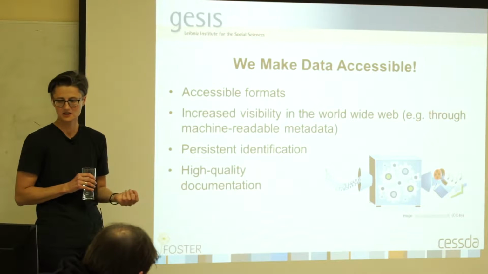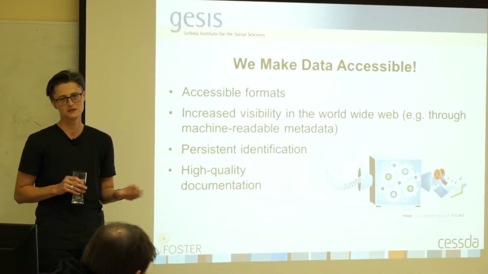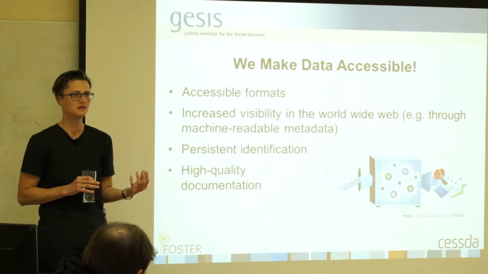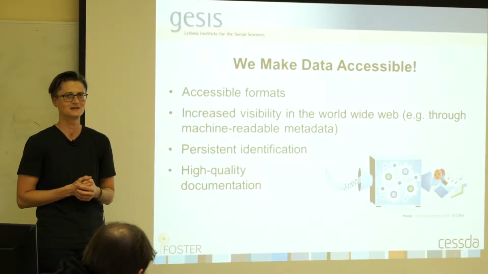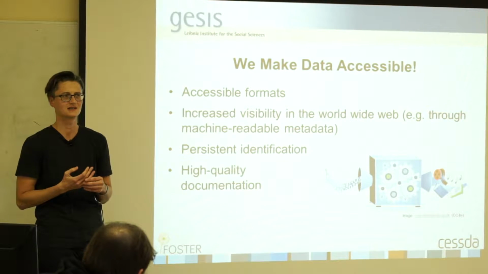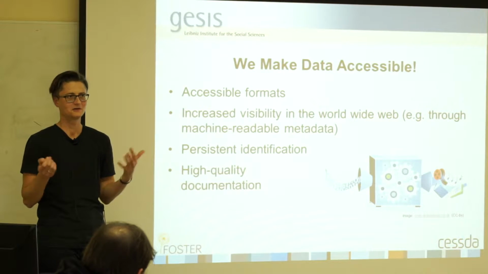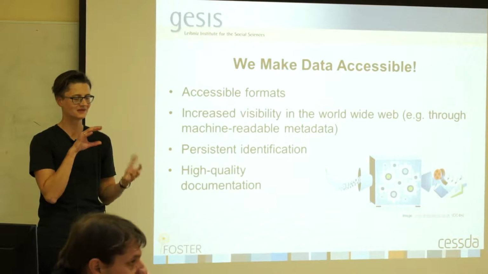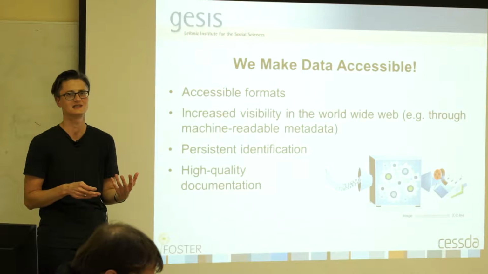Persistent identification. Oh, no, sorry, the metadata. We already talked about metadata, how they can help data to be found and retrieved. And in the break, I think we briefly discussed how one problem at the moment is that data is spread out all over the world. It's held at smaller individual institutions, but it's really difficult if you look for data.